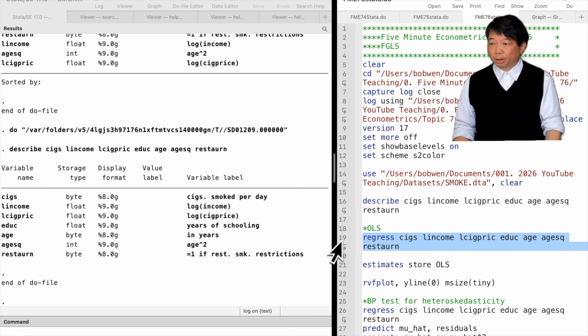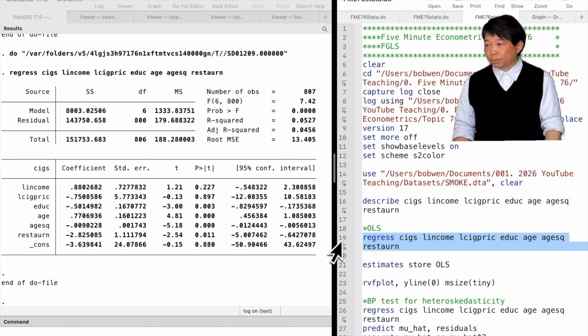We first run the regression by OLS. We cannot find either a significant income effect or a price effect after the OLS regression. Neither the estimate for the log income nor that for the log cigarette price is statistically significant at any conventional level after controlling for other factors in the model.